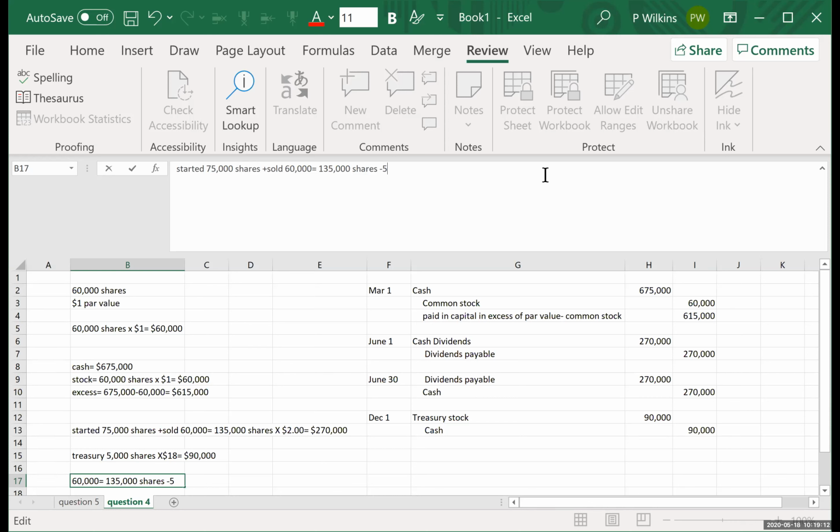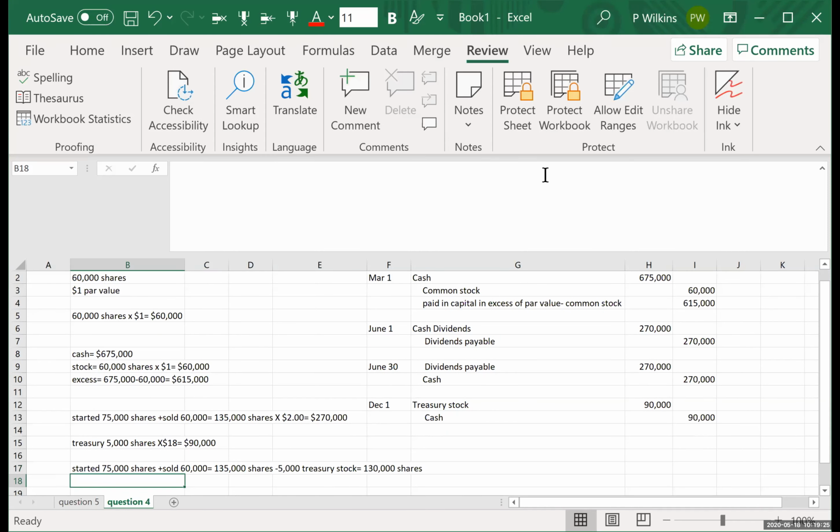So we have to subtract the 5,000 treasury stock from that. So now we only have 130,000. We take the 130,000 times the $2.50 a share for the dividends.